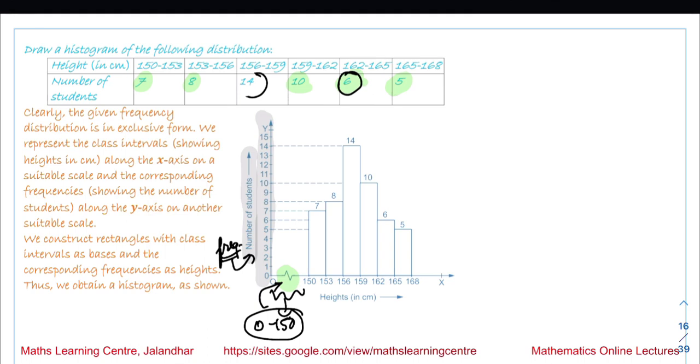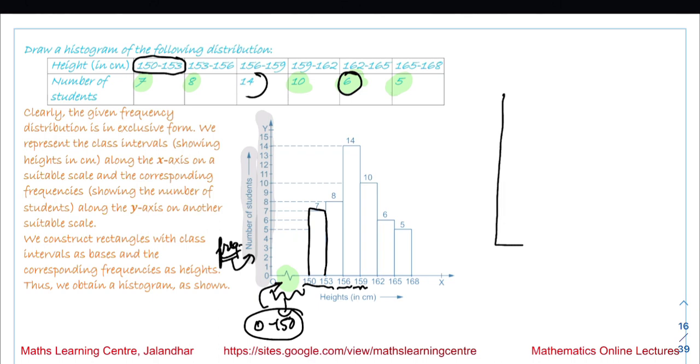So the first interval is 150 to 153. So 150 to 153 means we have 7. So we have drawn this rectangle over here from 150 to 153. Next we have marked this point 156. Next we have marked this point 159.